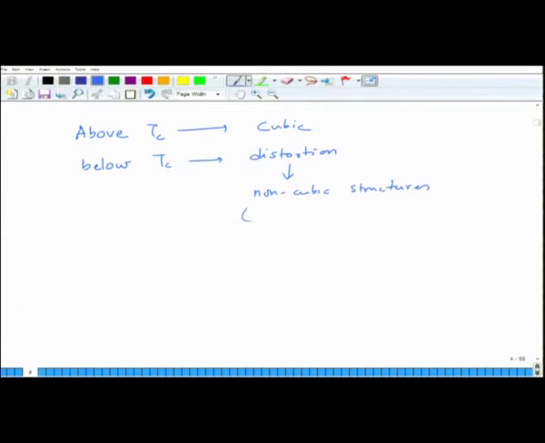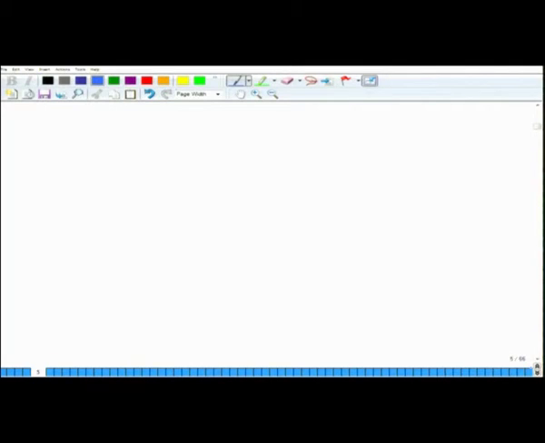These could be tetragonal, rhombohedral, and so on. It is just a slight distortion in the unit cell which makes the cubic symmetry go away. So, this is the perovskite structure.